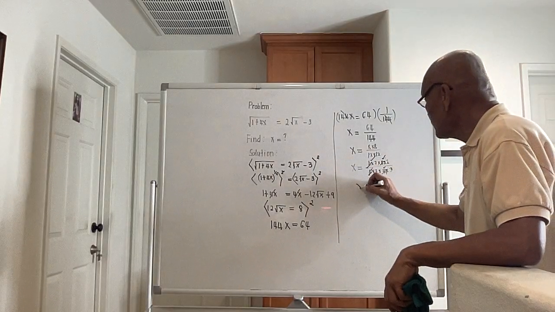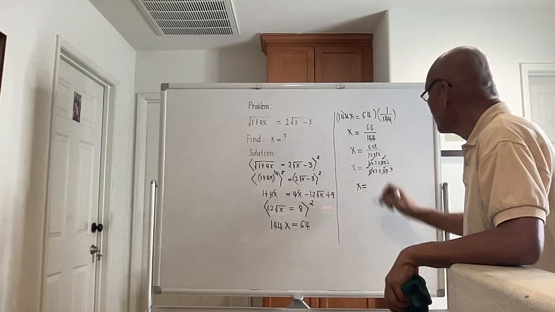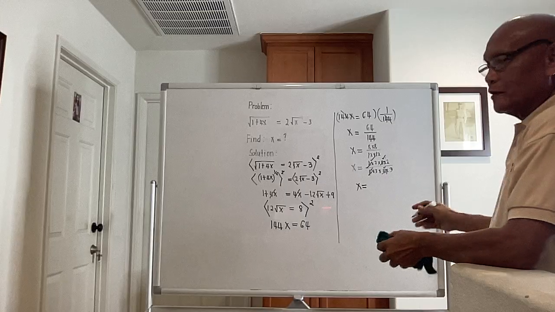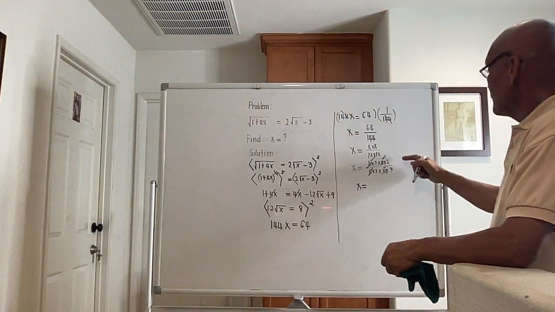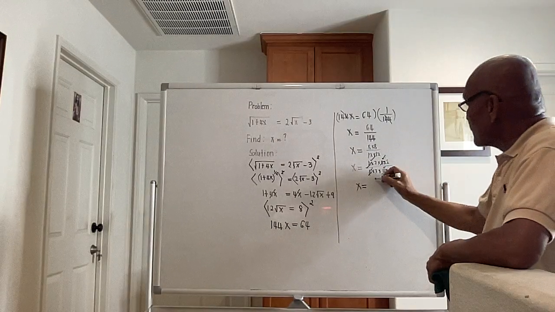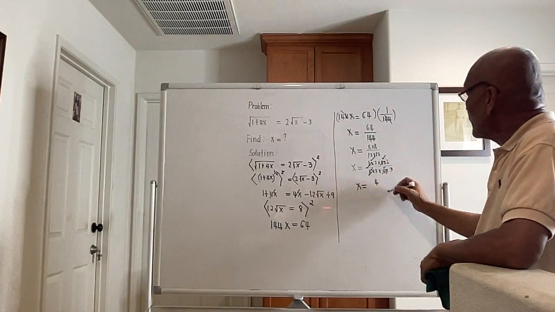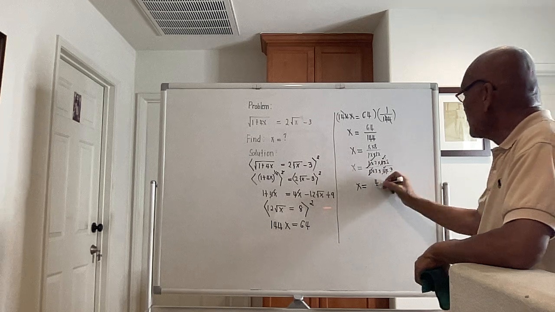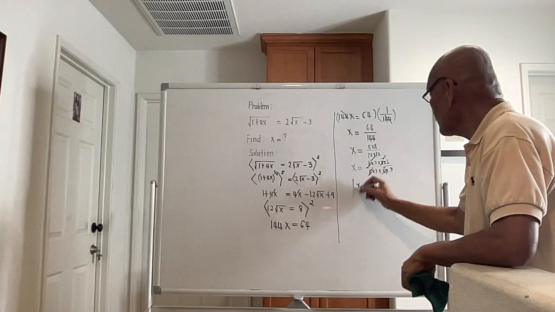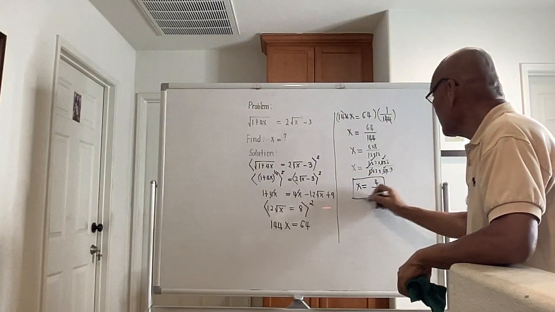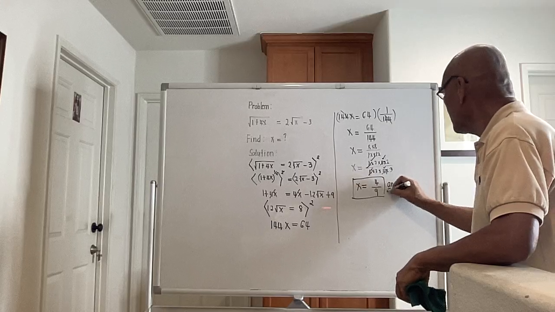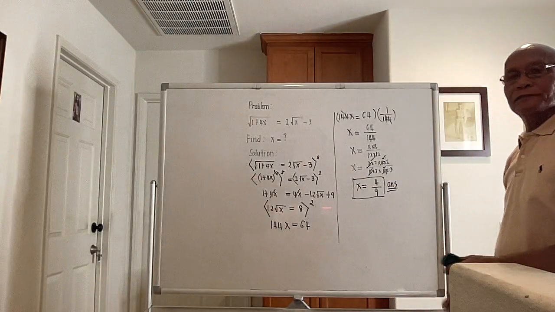So x now, in its simplest term, I don't think we could still simplify this. What will come out will just be 2 times 2, which is 4, and 3 times 3, which is 9. So the unknown value of x here is actually 4 over 9. That will be the answer.